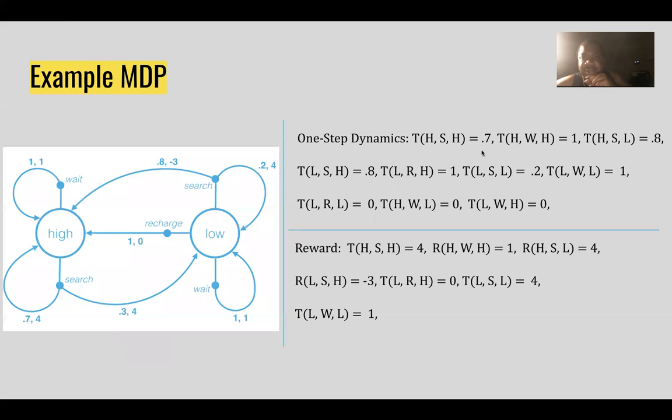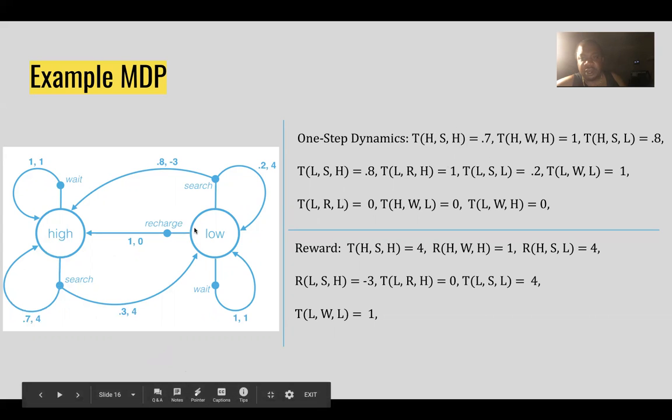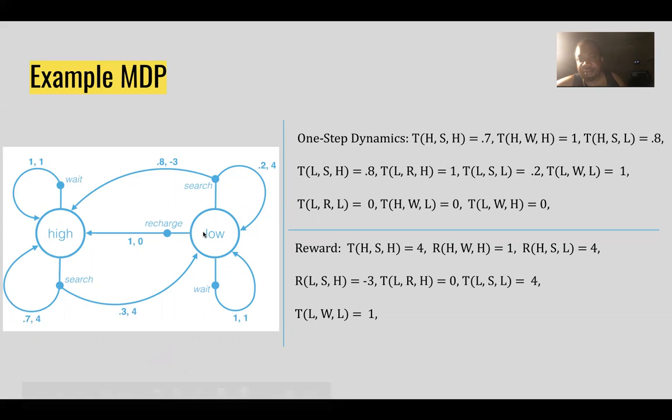And we can see, given that we're in a high state and we search, what's the probability that we return to that high state? That's going to be a 0.7 probability. And we can see that on the graph here also. Given a high state and I choose the search action, with a 0.7 probability we return to that high state. With 0.3 probability, we return to a low state.